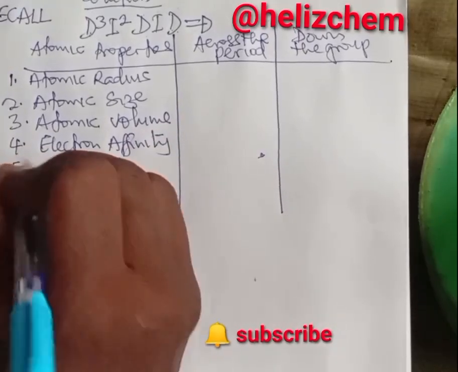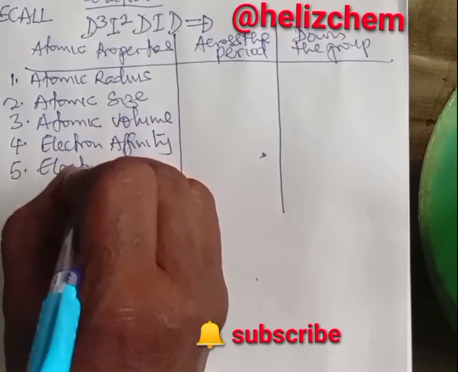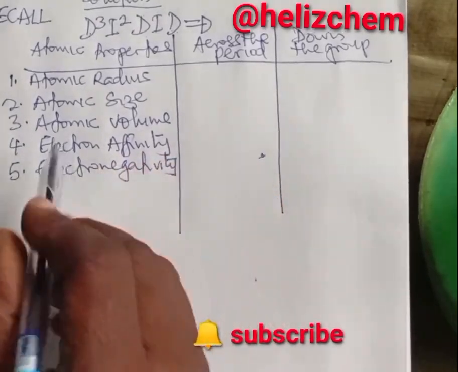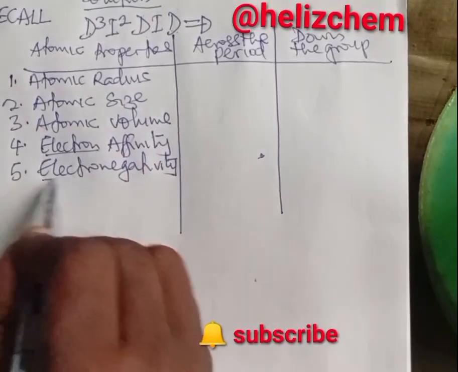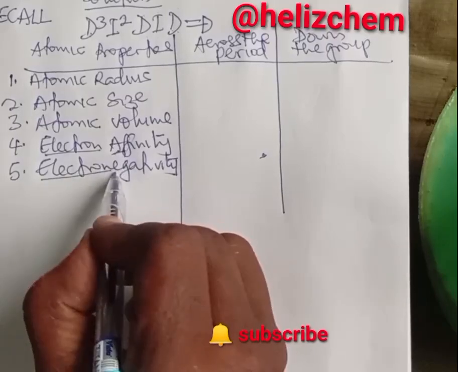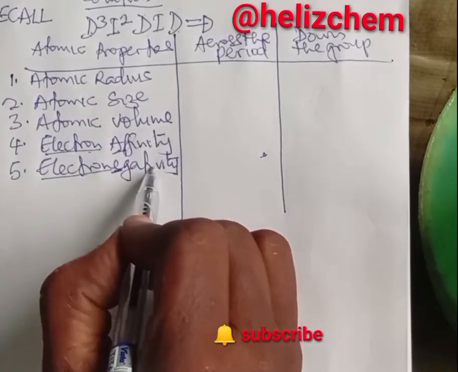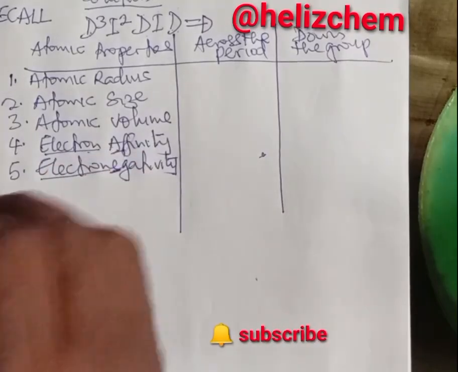Then the next one is electronegativity, because if you look at electron, A comes before E. That is why electron affinity comes before electronegativity.